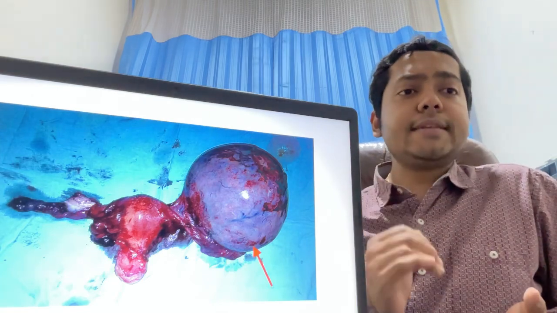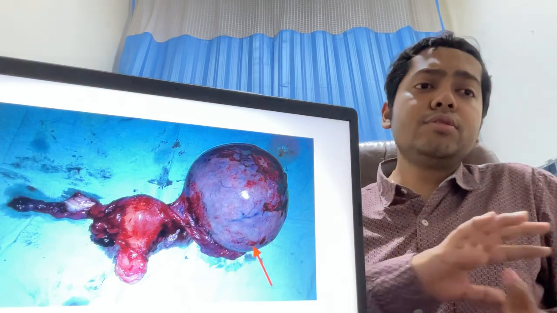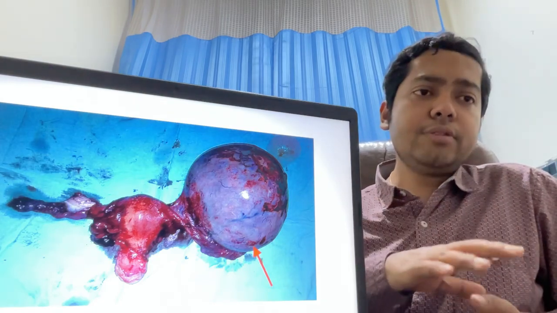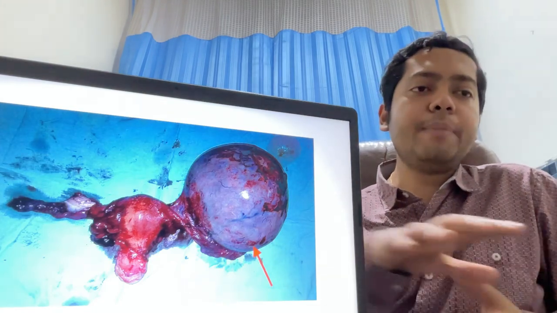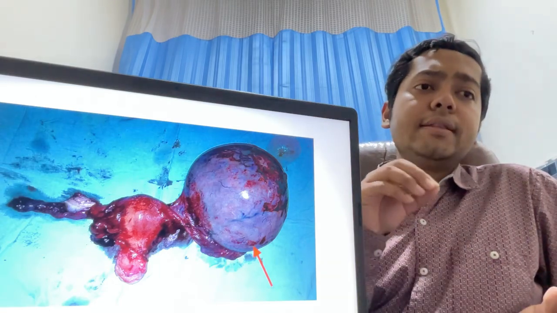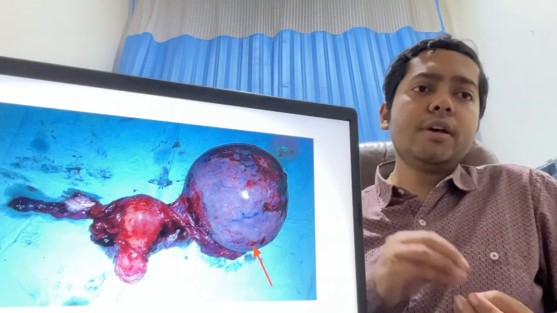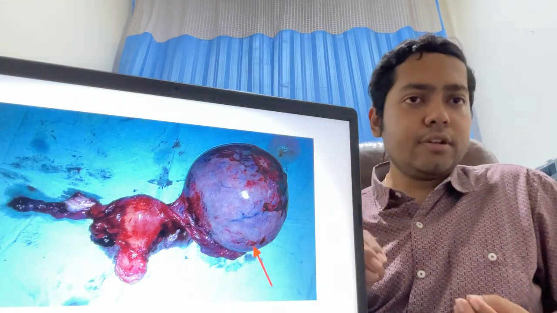If ascites is not present, then you have to do the peritoneal washings. You wash the entire peritoneal cavity with normal saline, and the normal saline is then taken out and kept in a bowl to be sent for malignant cytology.